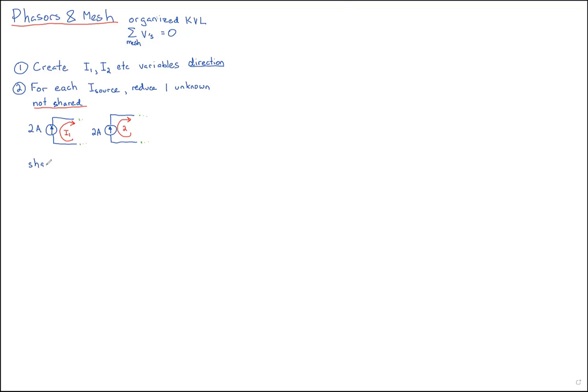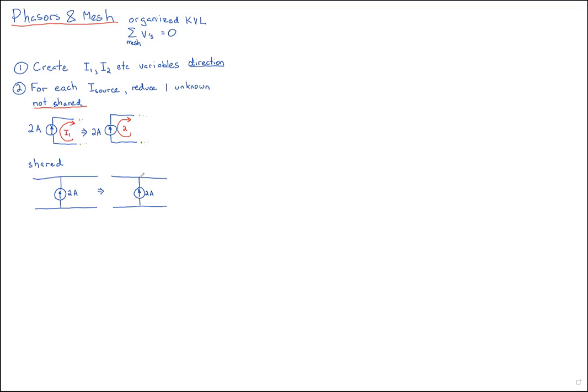And our other option is if it is shared. Caleb, tell me, if it is shared, what's your approach? The current source is shared, you have to do the supermesh. That's it exactly. You have your one equation with both of the currents, and then you do KCL at the node.